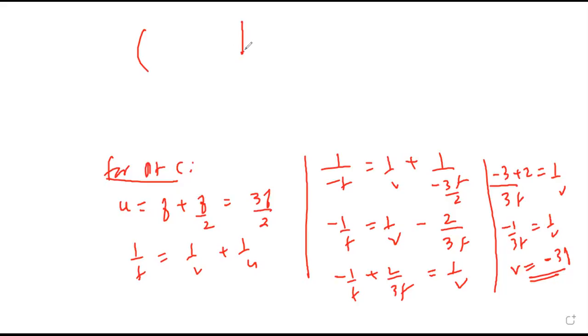Height of image will remain same because it is a point, but it is at 3f distance. Minus 3f, that we got properly. Minus 3f means it should go on the other side. This way it will come, correct?